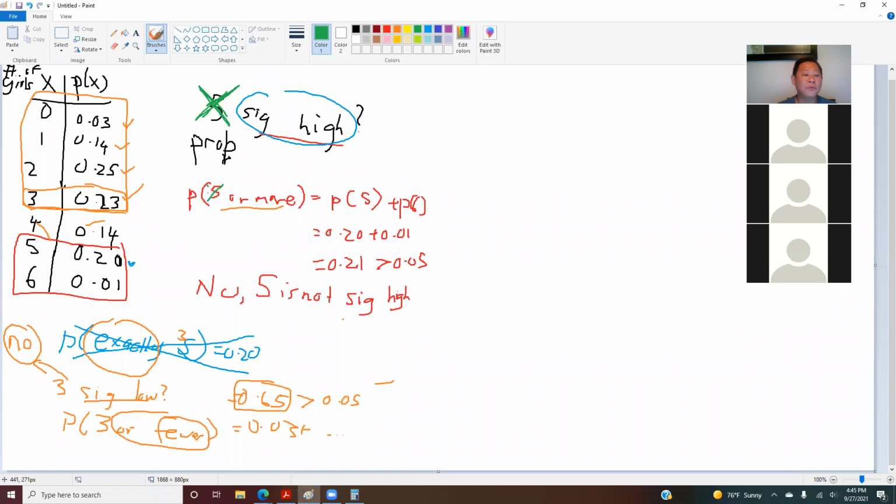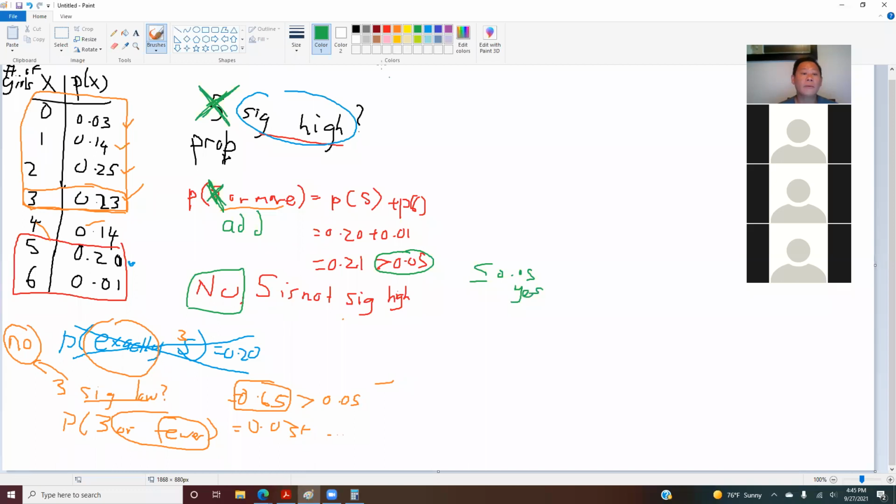Then you have to do X or more. And how do we find this probability? You have to add them, like what I just did. I add those, and then figure out if that number is more than or less than 5%. If it's more than 5%, your answer is no. If it's less than or equal to 5%, then your answer is yes.